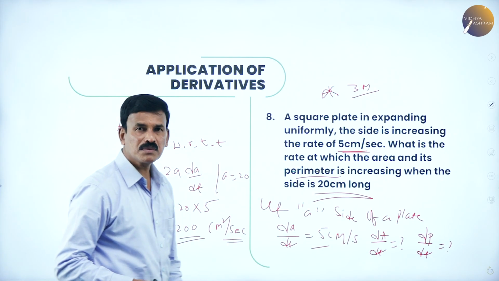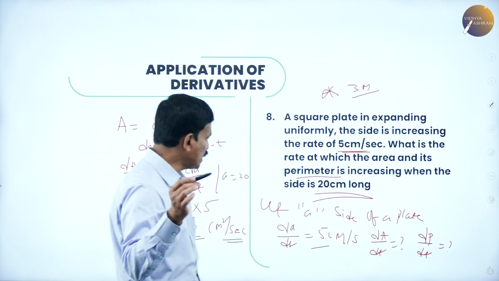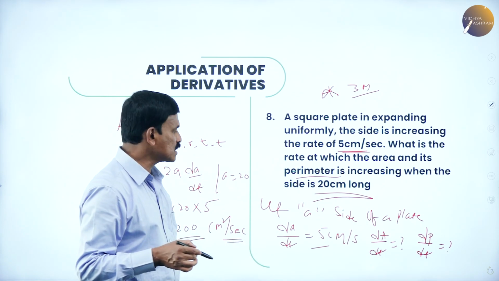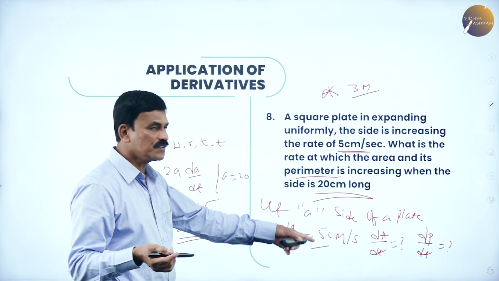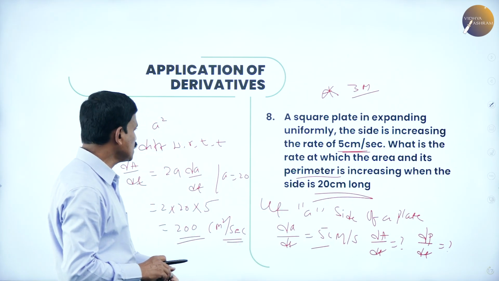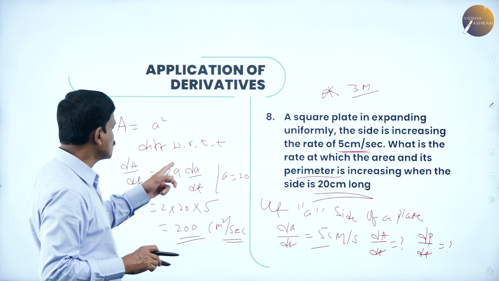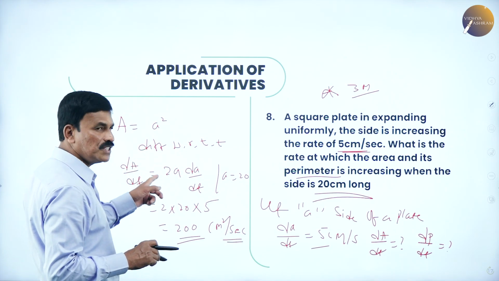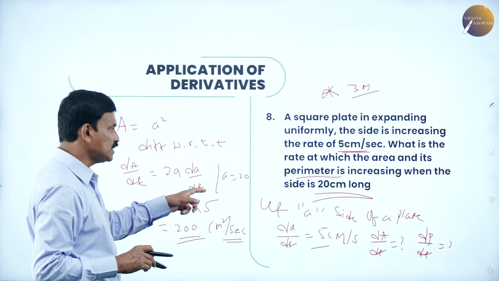That's it. See here, I'll explain once again. Let A be each side of a square plate. Given that the rate of change of the side is 5 centimeters per second, what is required is the rate of change of area and rate of change of perimeter when each side is equal to 20 centimeters. The area of the square is A into A, that is A square. Differentiate with respect to t, dA by dt is equal to 2A into da by dt.